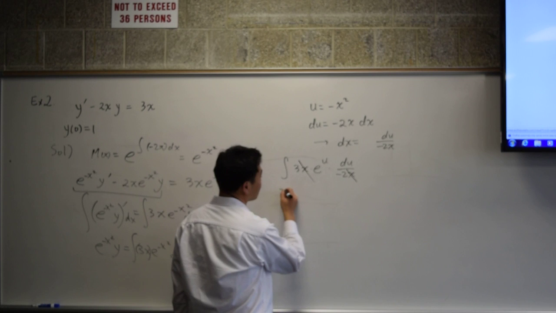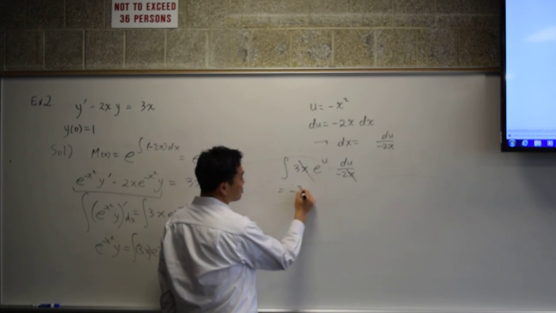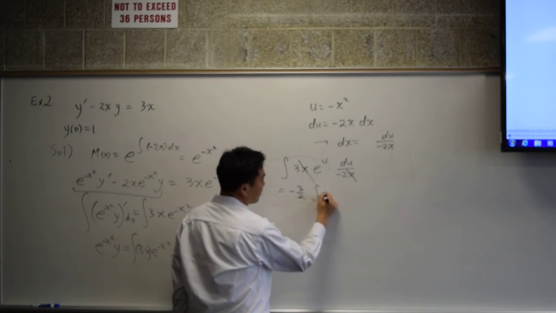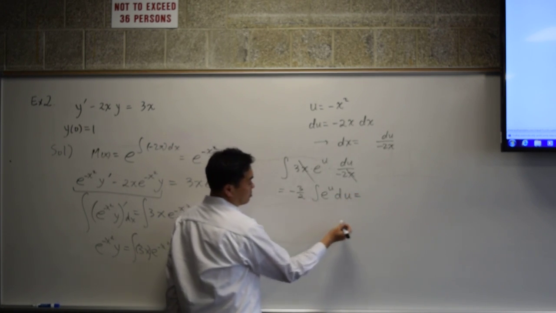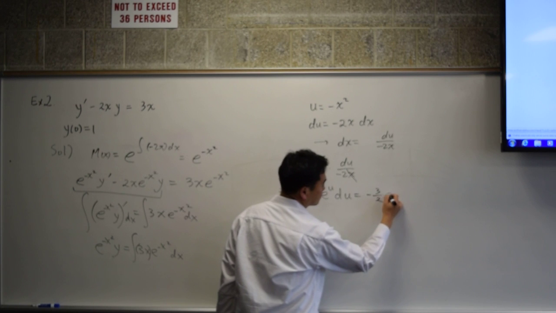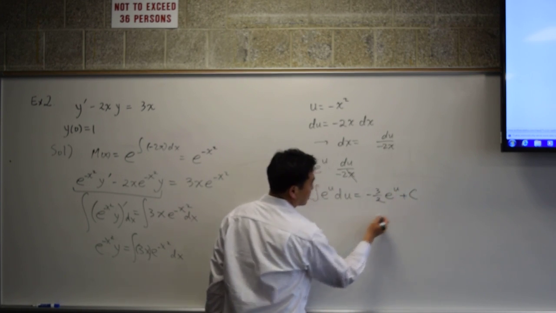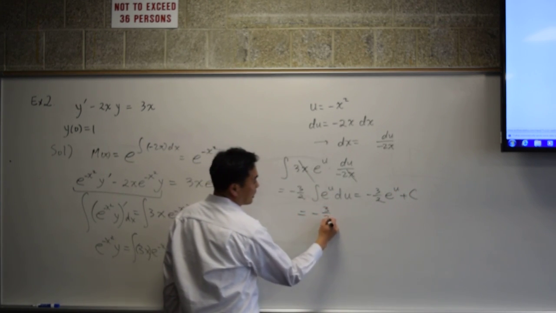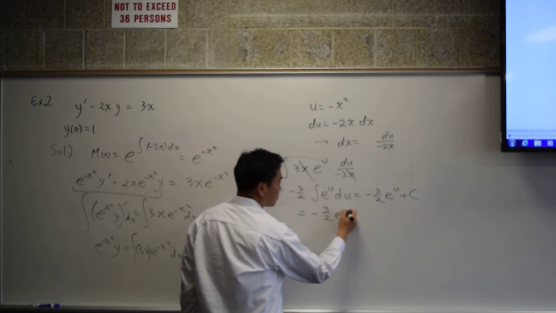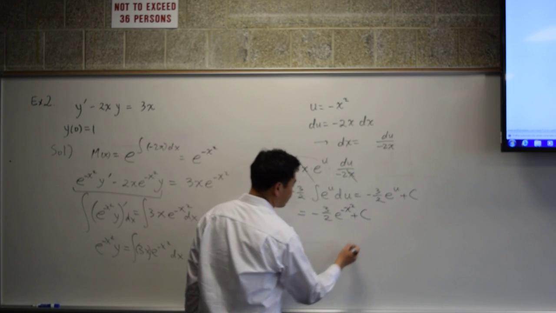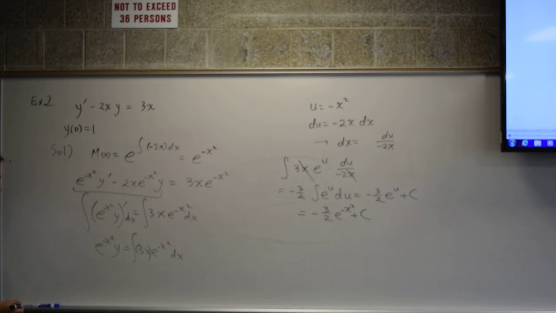X cancels. Negative 3 over 2 can be pulled outside. And now I have to integrate e to the u with respect to u, which is just e to the u. And then you go back to your original substitution. u is equal to negative x squared. So that's what you have. And you're almost there.